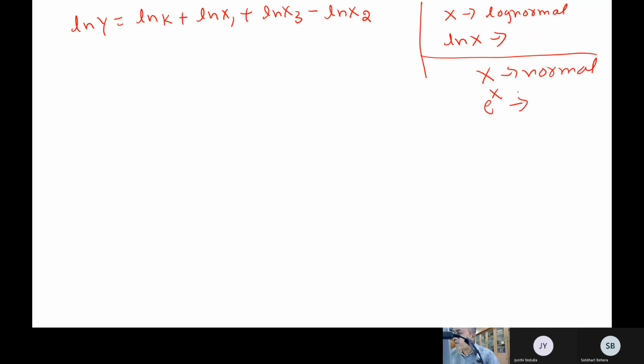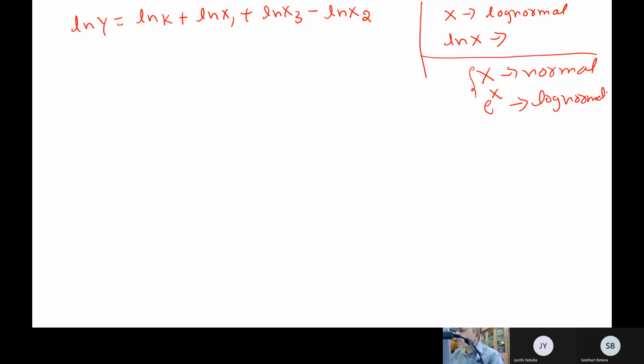What type of random variable will it be? We have done this, right? So log normal. Now you tell me, if x is log normal, what will be log x? So normal.